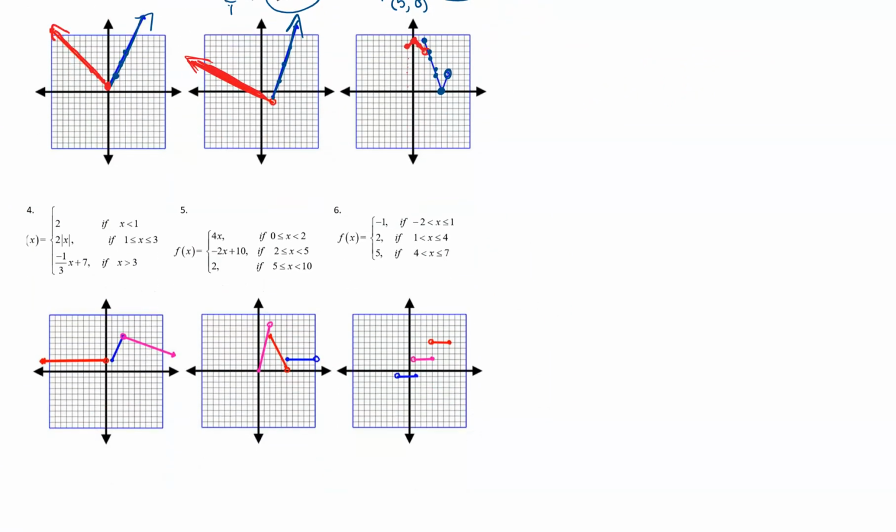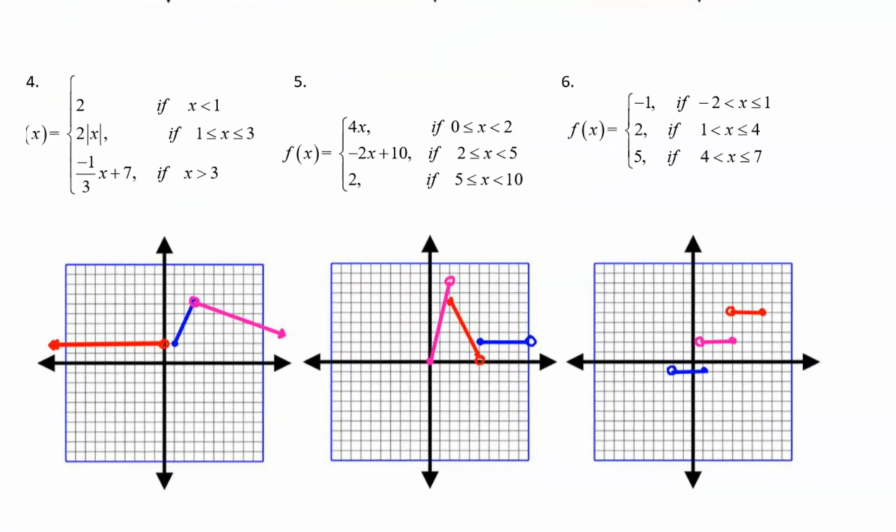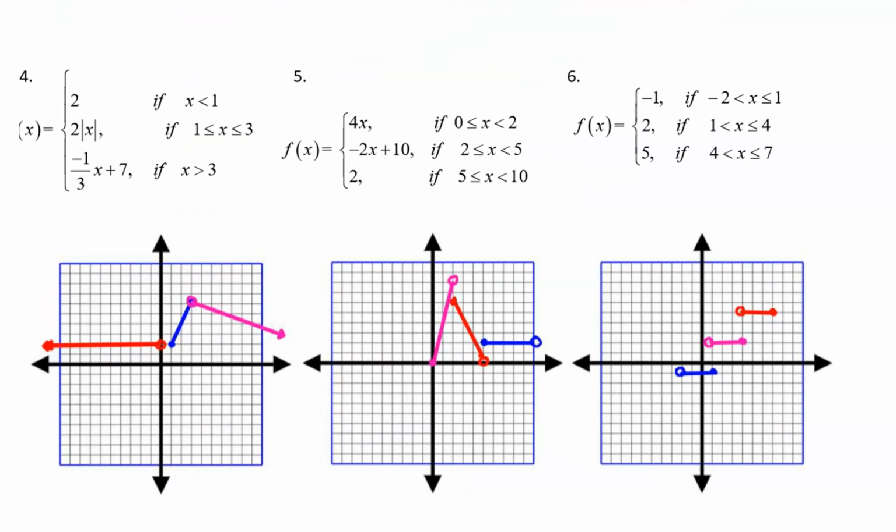All right, here are the answers to 4, 5, and 6. I'm not going to do all of these, but on number 4, you can see that we have just a constant here. That's just like the line y equals 2, which means that it's just a horizontal line.